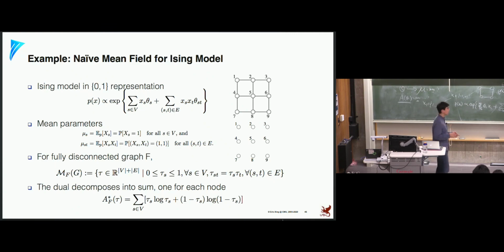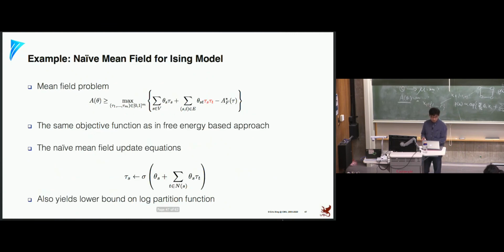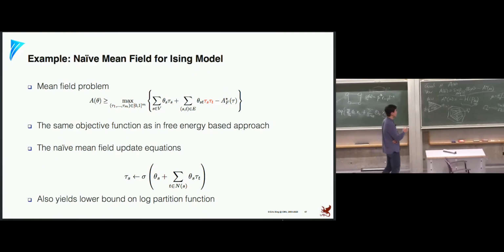The dual, recall, is just a negative entropy, so the dual decomposes. If you take the log, then it decomposes into a sum of individual terms. If you work this out, you arrive at the naive mean field update for the Ising model. You can come up with this algorithm from a completely different path, but this is the unifying way of looking at everything, and so it's very nice.